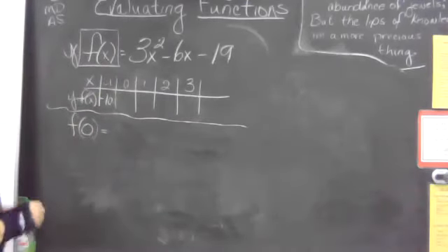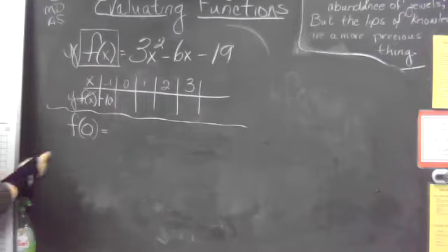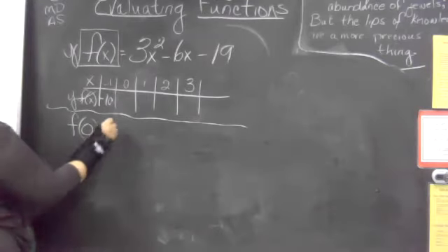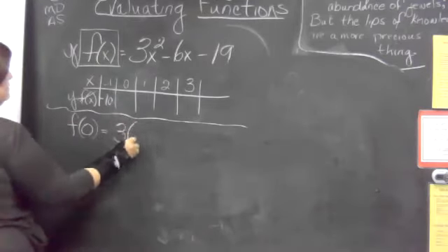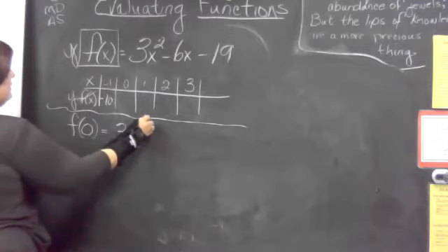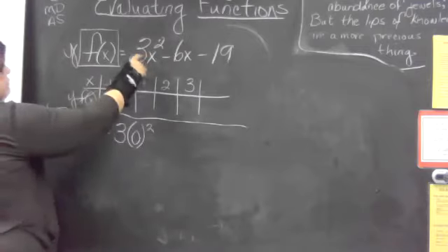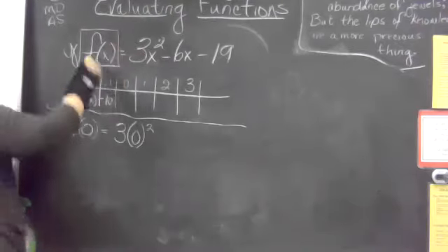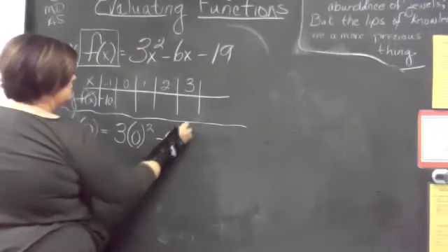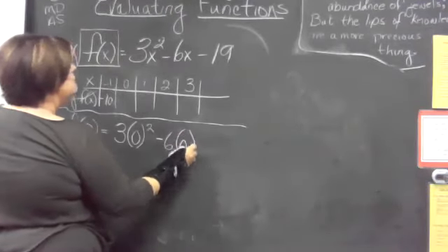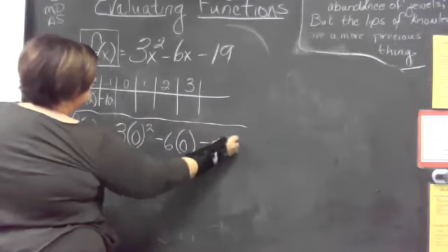Okay, so we're going to do the same rule again, but now we're going to plug in a 0 everywhere there's an X. So 3 times 0 squared, I'm coming back up to our rule. You just keep coming to the same rule. Minus 6 times 0 minus 19.